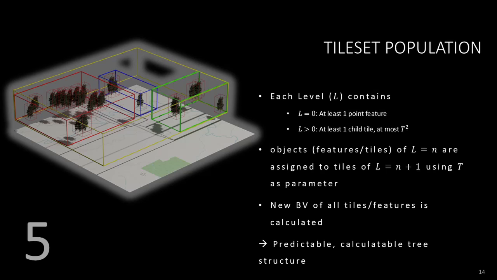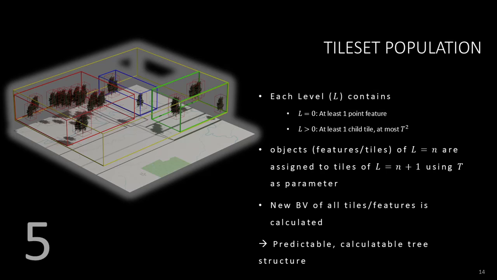By utilizing a variable t, we are not limited to quad tiling, and in further tests it was shown that t of 3, so 9 child tiles per tile, had the best performance. During the tiling, the features or the tiles of the lower level are assigned to the higher level based on t, until there's only one tile left at the highest level.